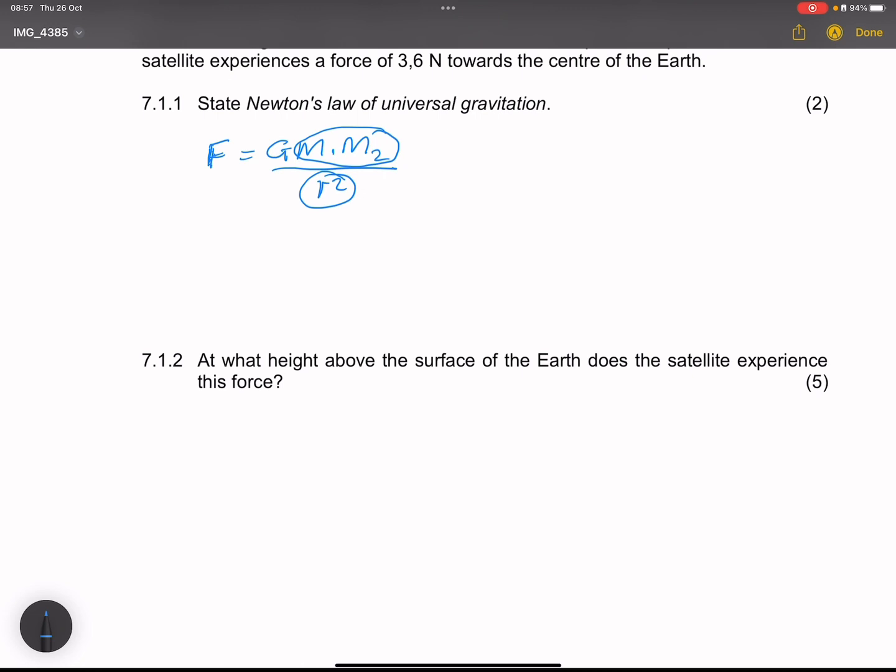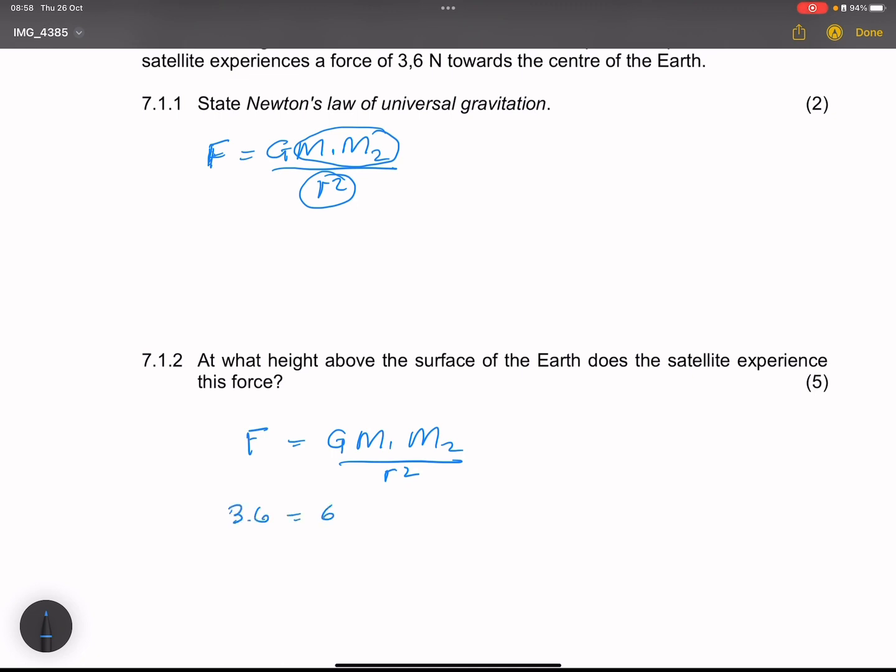Now the next question: at what height above the surface of the Earth does the satellite experience this force? First of all, let's use our formula. We know that the force was 3.6.